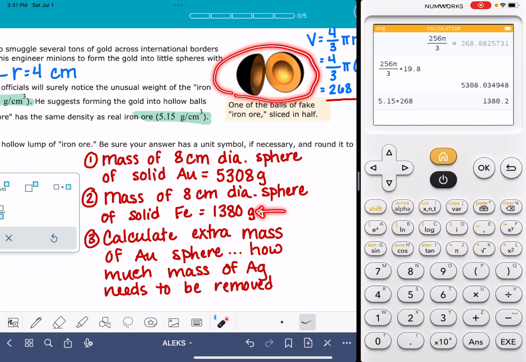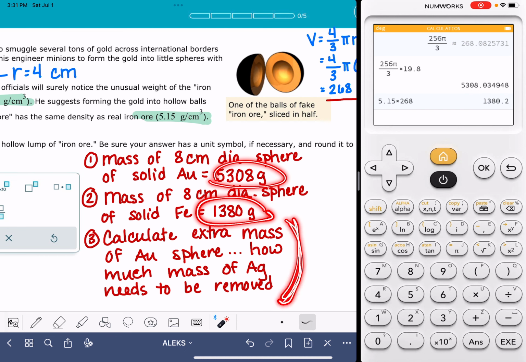If this sphere was made out of solid gold, which isn't even the plan, right? But if it was made out of solid gold, it would have a mass of 5,380 grams. So comparing these two numbers is going to give us an idea of how much we need to hollow out from this gold sphere in order to give it the same mass as that of a sphere of iron.